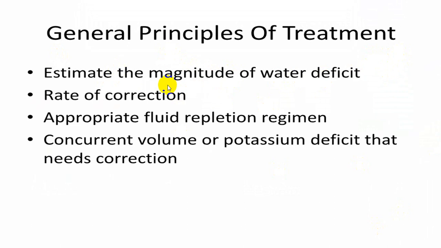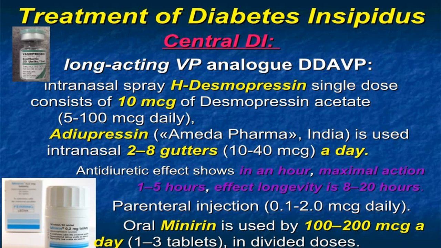Try to correct the water balance and see that the rate of correction should be such that the person does not develop a hyponatremia or hypernatremia. Appropriate fluid replacement should be done. Look at the volume, look at the potassium deficit also simultaneously and correct that. So simultaneous correction of the potassium is also necessary.